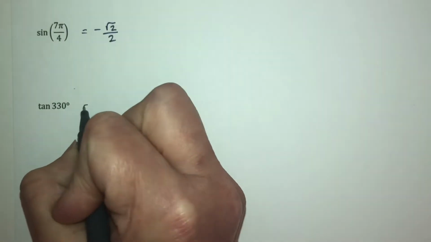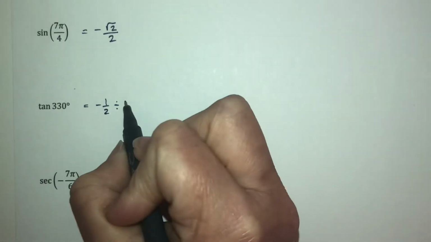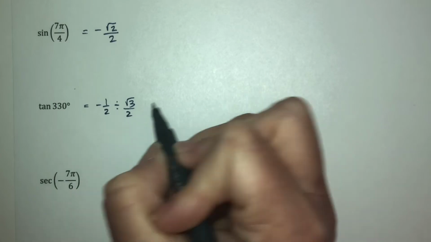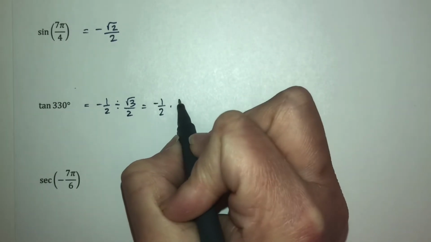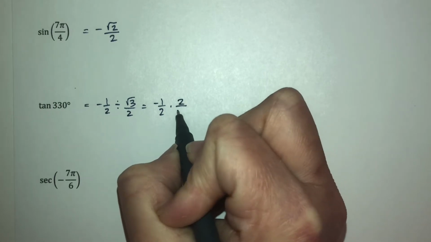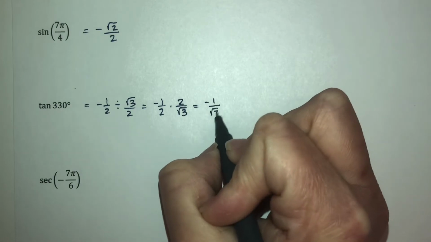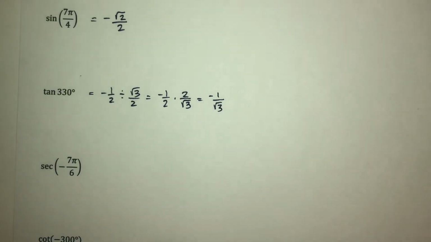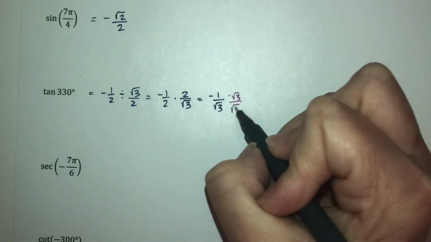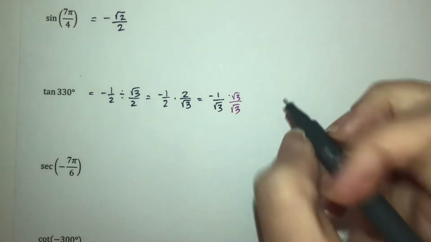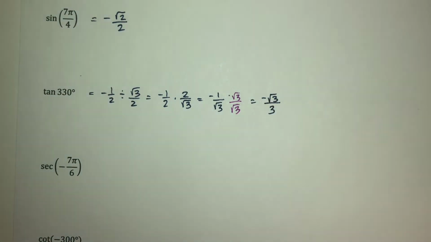So that's -1/2 times 2 over the square root of 3, which is -1 over the square root of 3. And if you rationalize that by multiplying top and bottom by the square root of 3, you get your answer as negative square root 3 over 3.